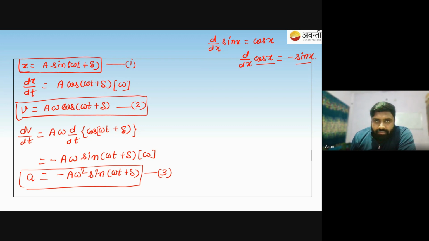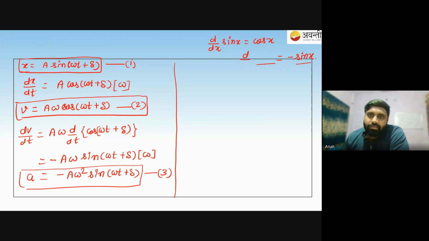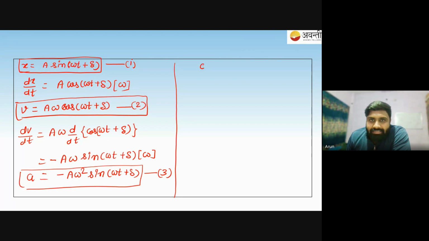Got it. Now, I will answer your query. I hope you remember how we put omega square as k by m. Now, take this acceleration equation, minus a omega square sin(omega t plus delta).